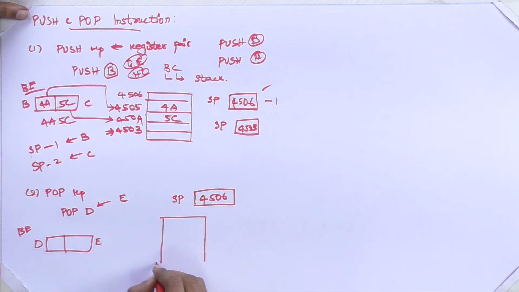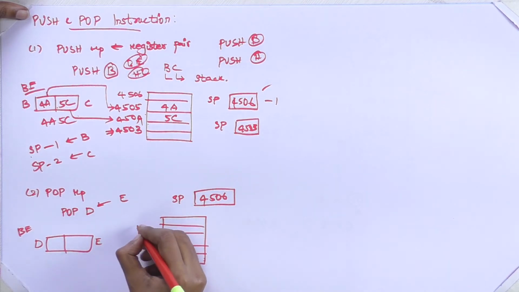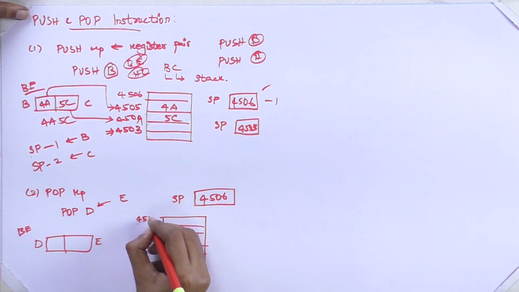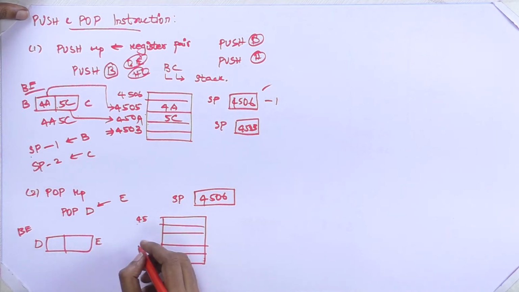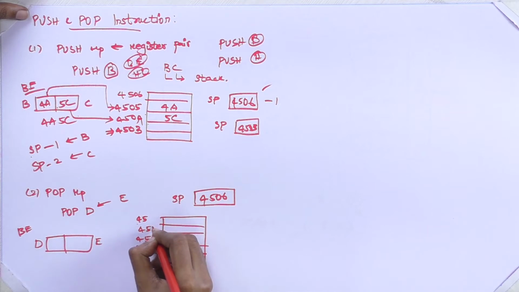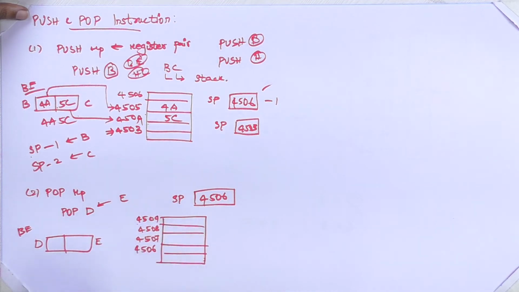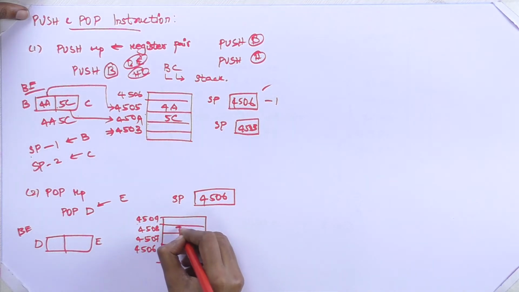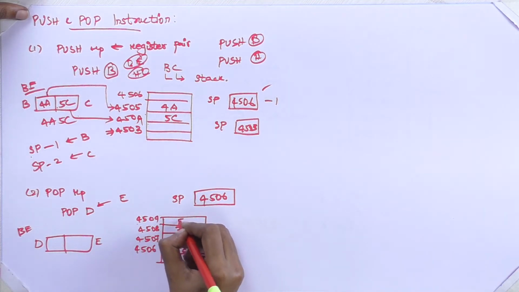This is your stack with the addresses 4506, 4507 and so on. Consider that you are having the values like this.